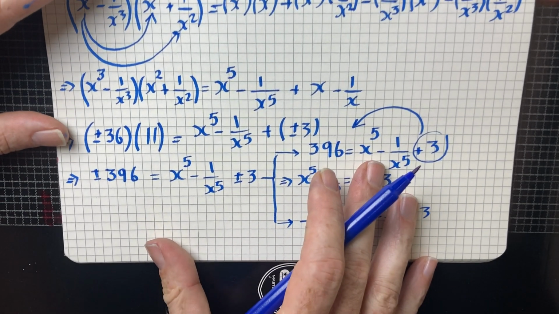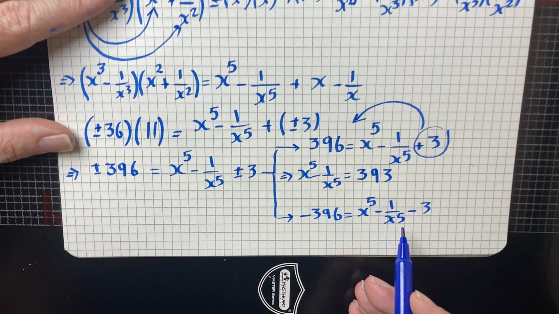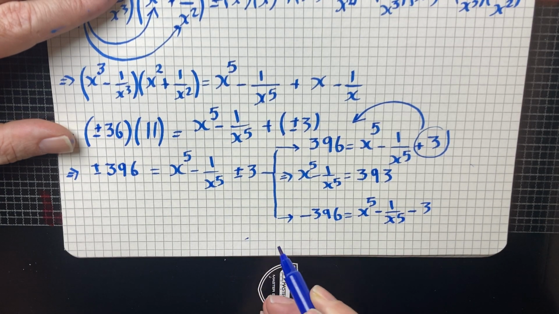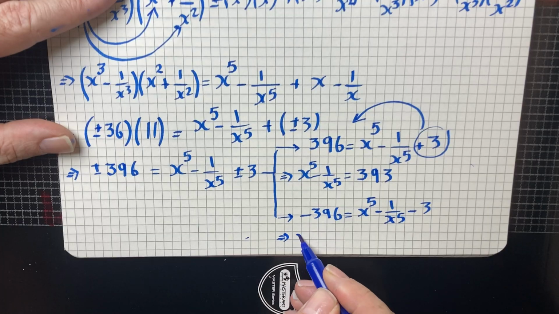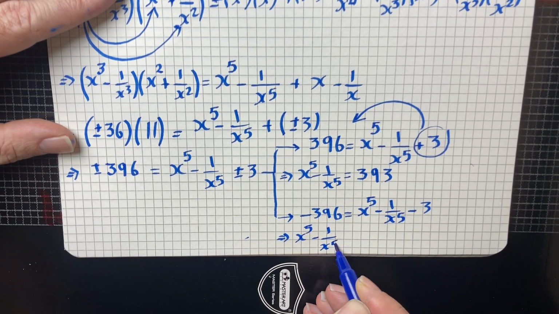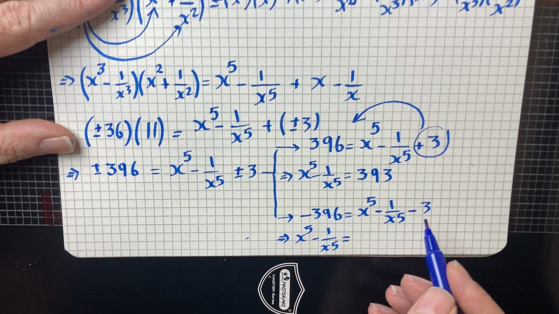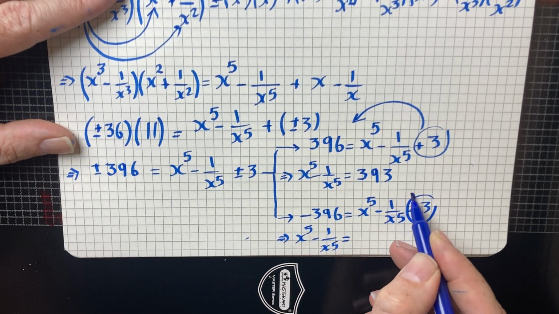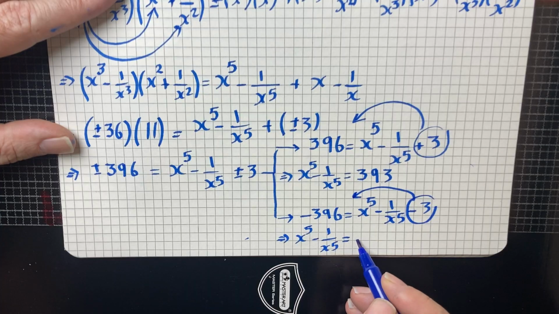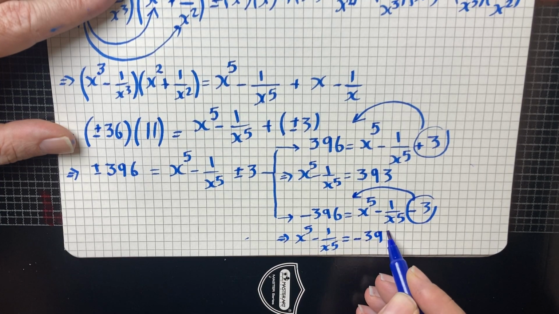Let me put it up. Now, from this step, look, the value of x to the power of 5 minus 1 over x to the power of 5 is going to be negative 396. Negative 3 goes to the left hand side, it is going to be negative 393.